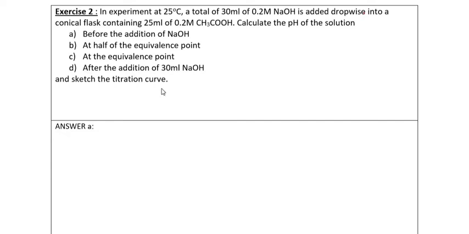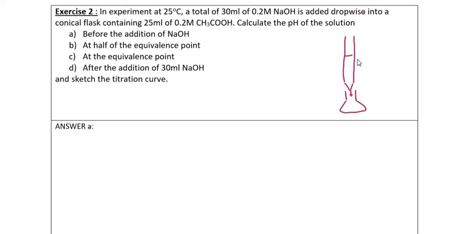sketch the titration curve. As usual, you have to sketch roughly the titration apparatus. Why do you have to sketch? Because you want to know the type of acid-base titration, either type 1, type 2, or type 3.